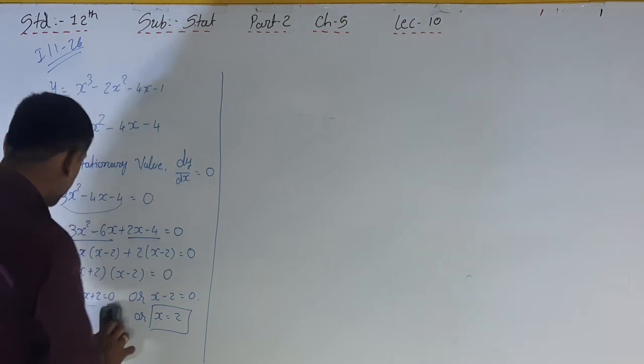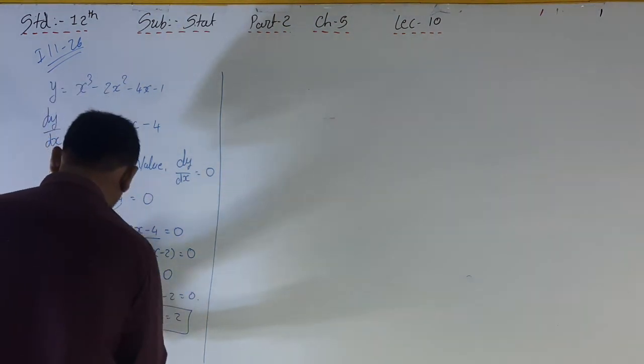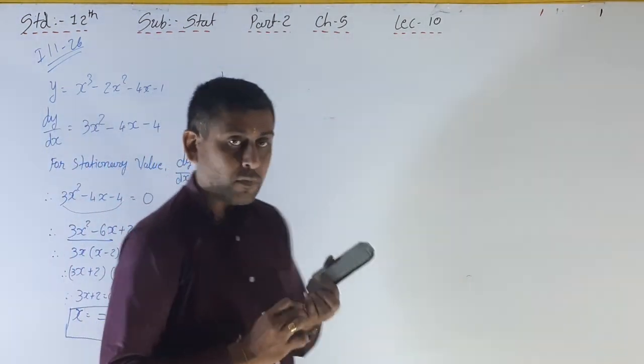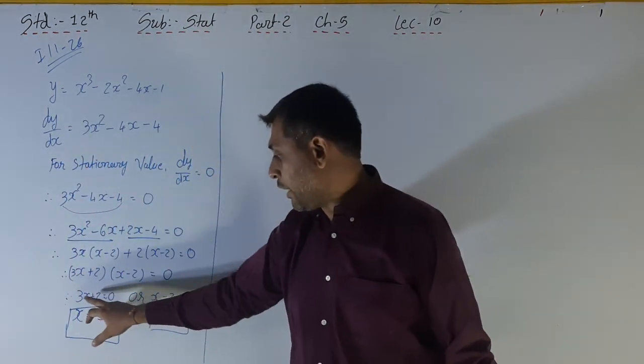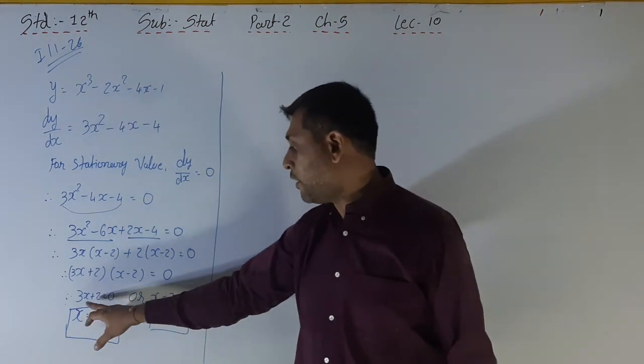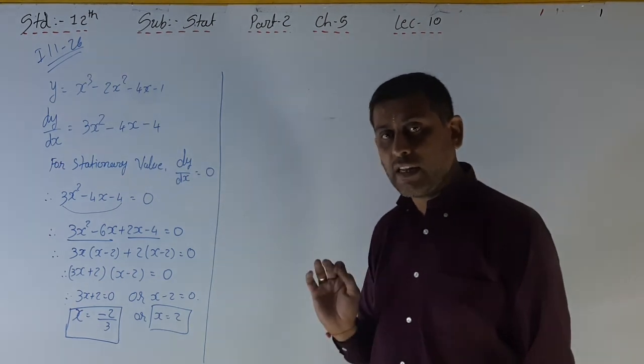See here that 3x is equal to, see, if minus 2 is transferred to the opposite side, plus 2 is transferred to the opposite side, that is minus 2.